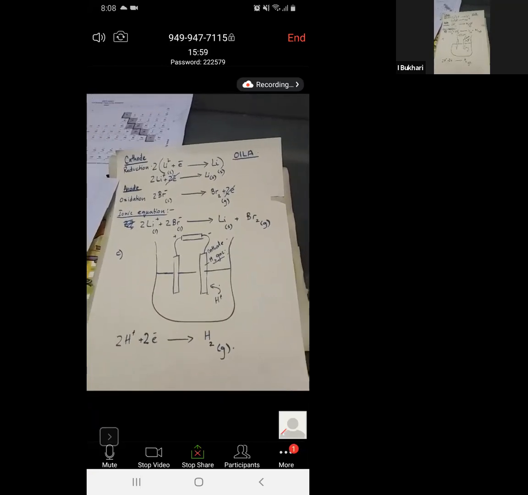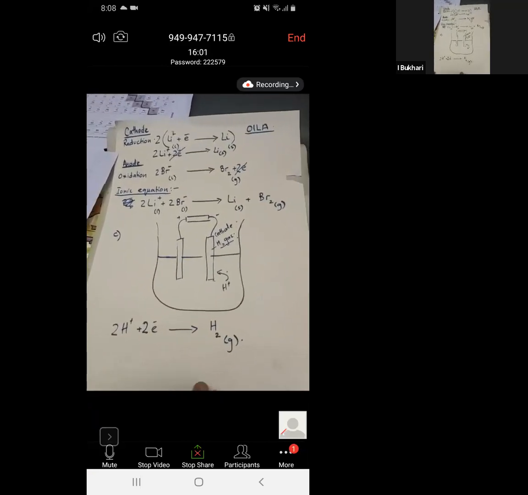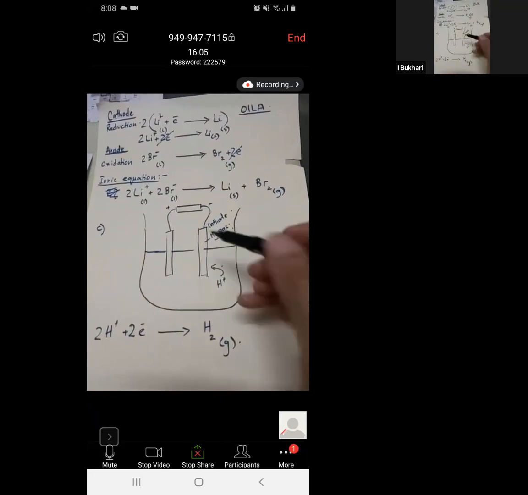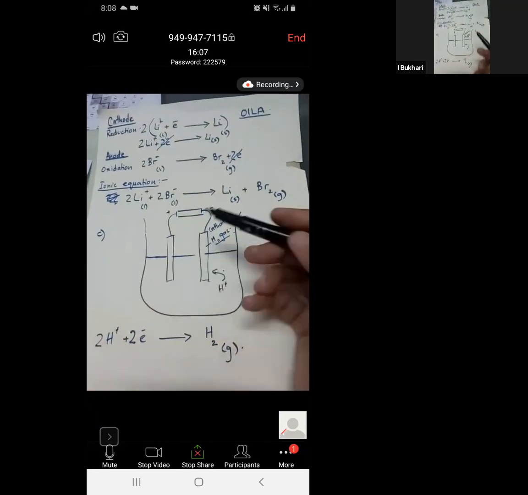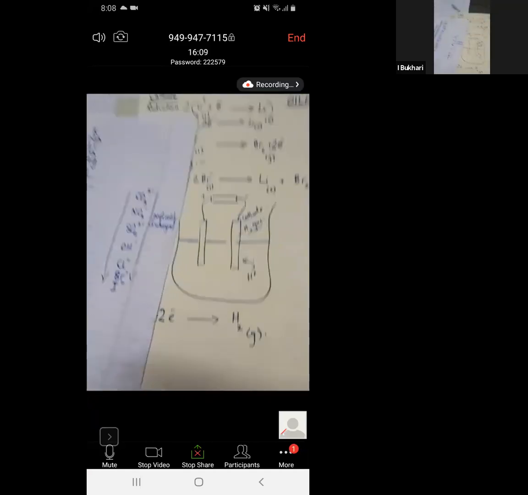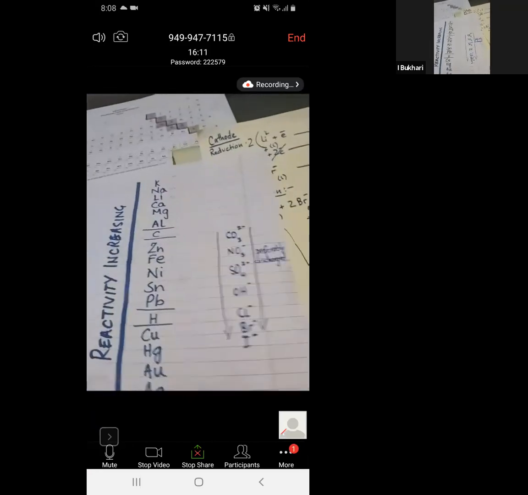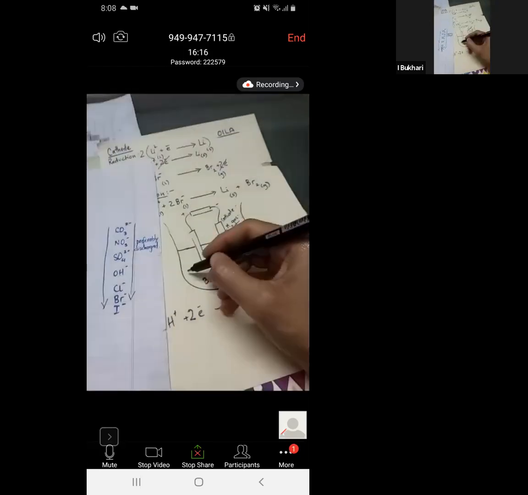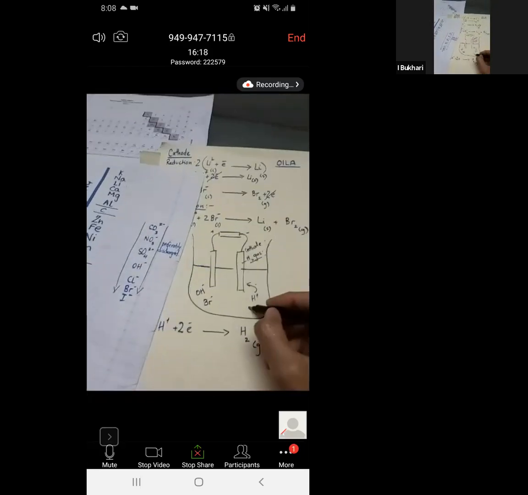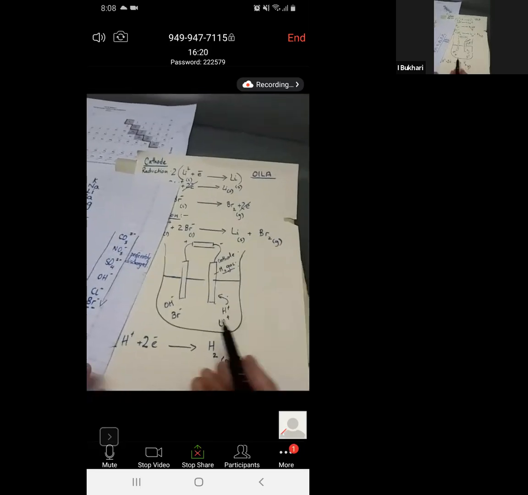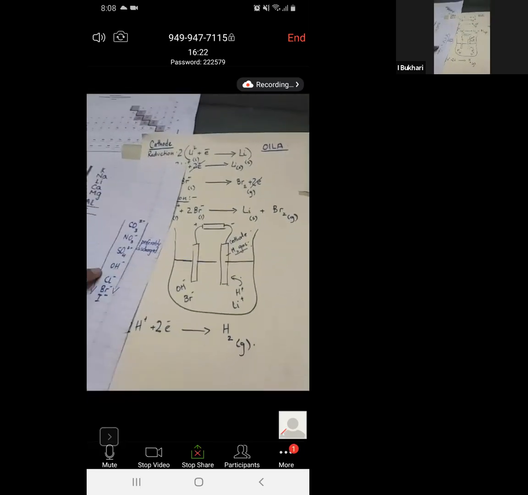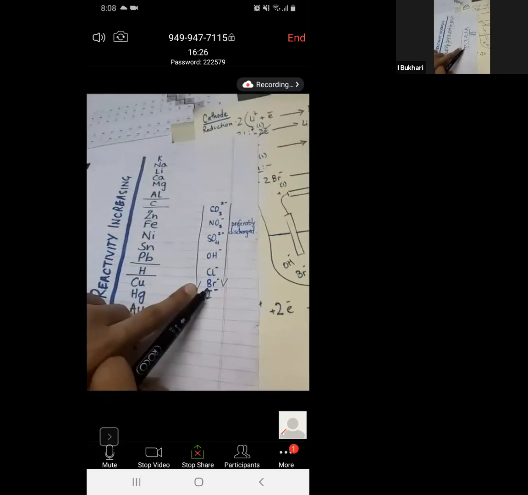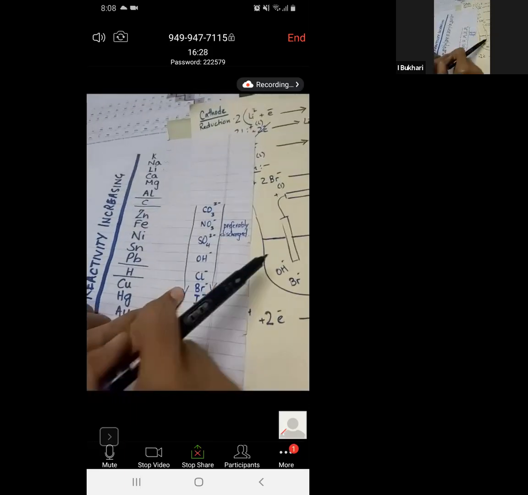And what is left behind? That's the other question. What is left behind? At the anode, what are the 2 anions we have in this particular example? Bromide and hydroxide, and the cations were lithium and hydrogen. Bromide will be preferentially released, so bromine will be released.